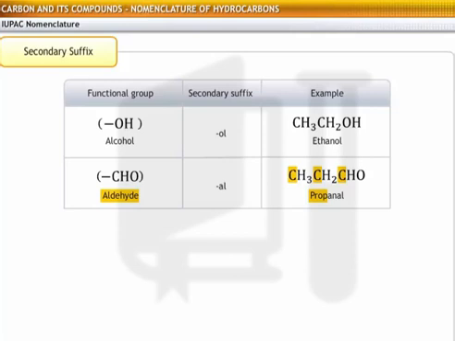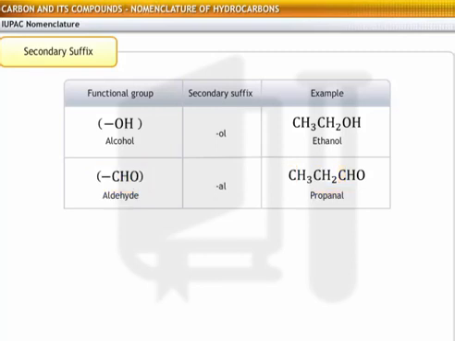The aldehyde molecule is saturated, so the primary suffix should be "ane." However, the molecule contains a functional group CHO, so a secondary suffix needs to be included in the name. Remove the E from alkane and add the suffix "al." Therefore, the IUPAC name of the given molecule is propanal.